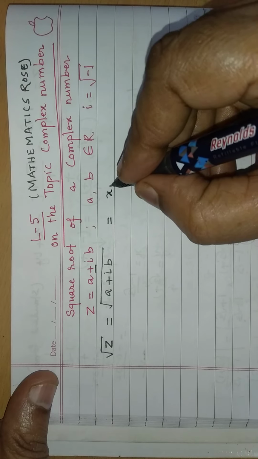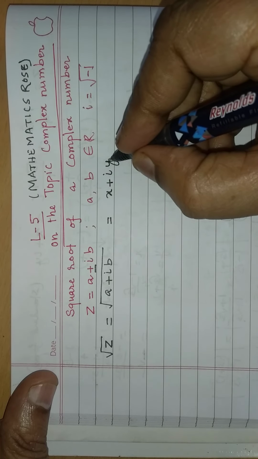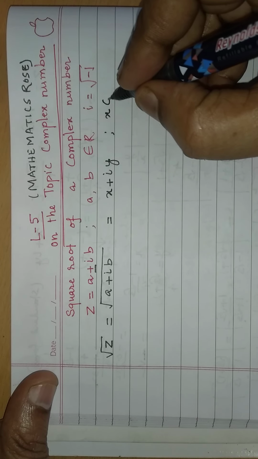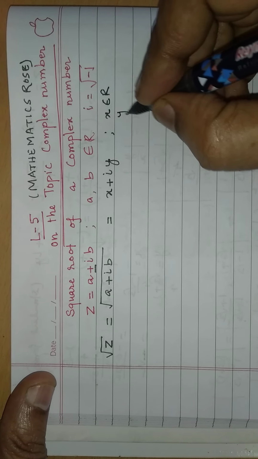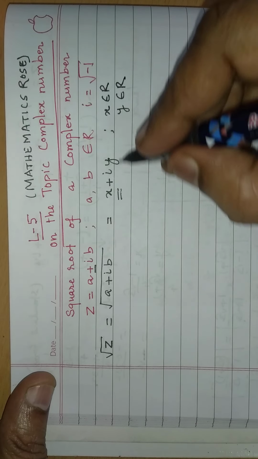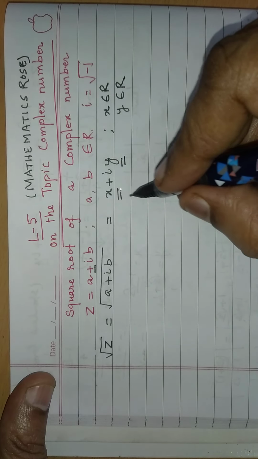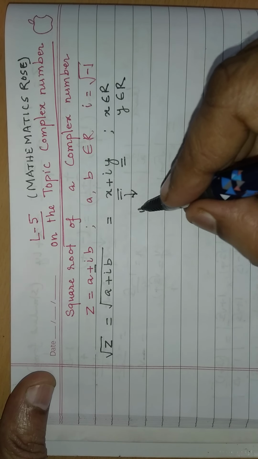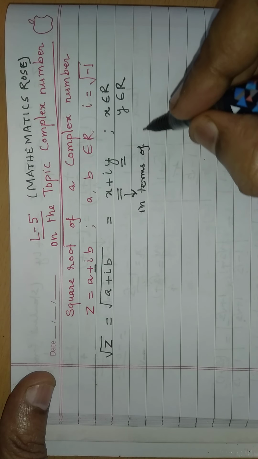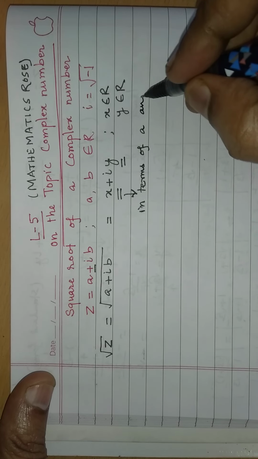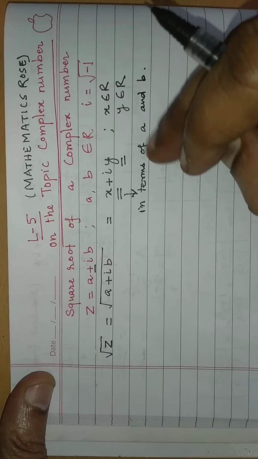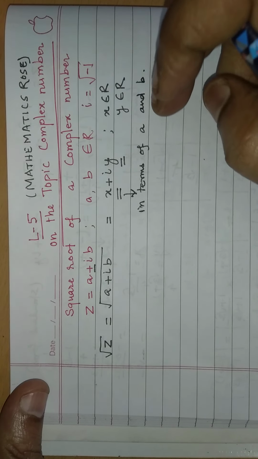So it is x plus iy, where x belongs to real number and y also belongs to real number. If we find the value of x and y in terms of a and b, then our objective is done.